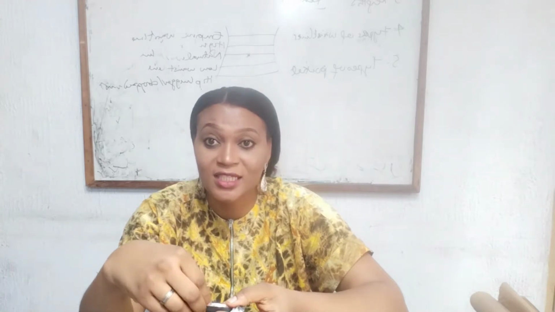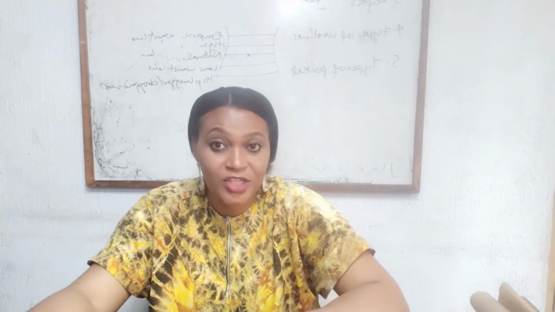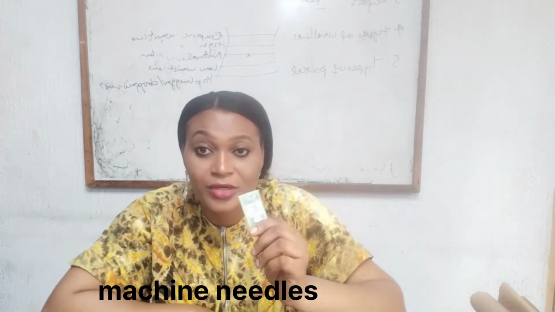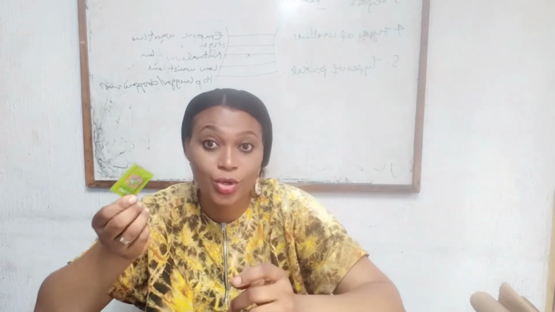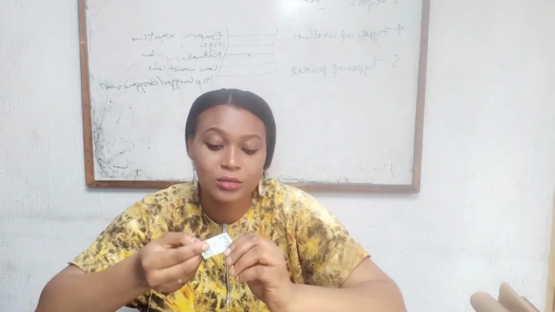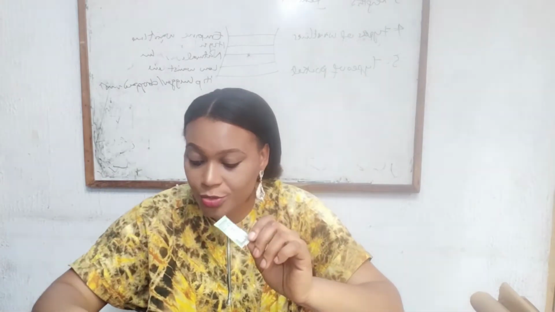They also come in handy in certain stages of our sewing, especially when it comes to finishing. Then we have our machine needles. They come in various sizes. As we go on, when we begin to work on our machine stitches, we'll explain a little more detail about this.